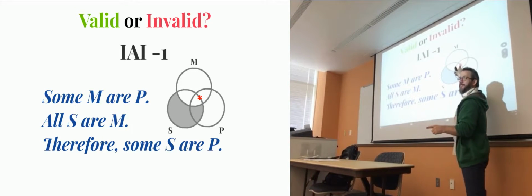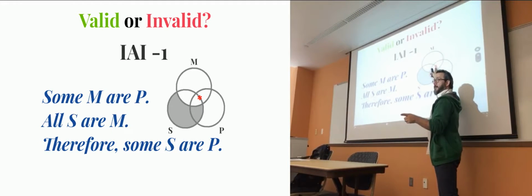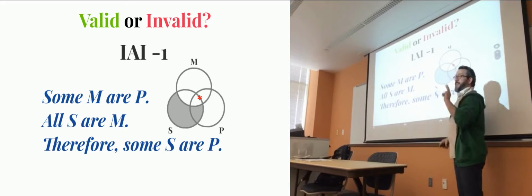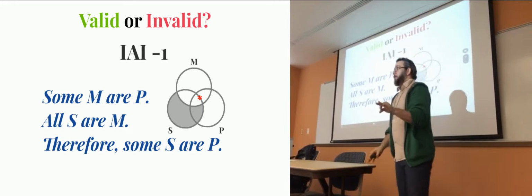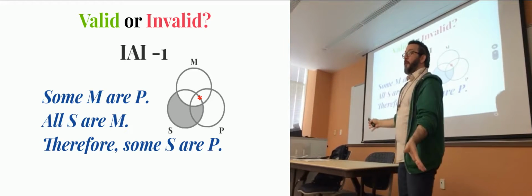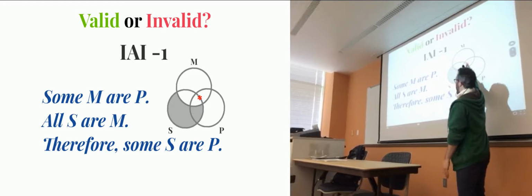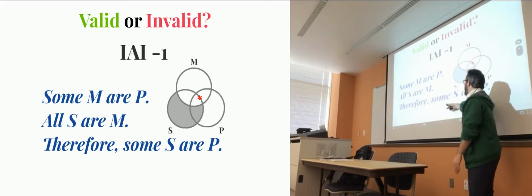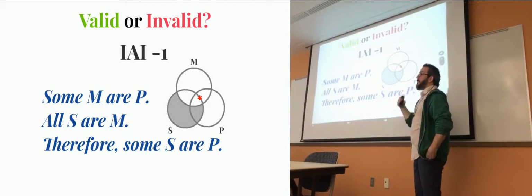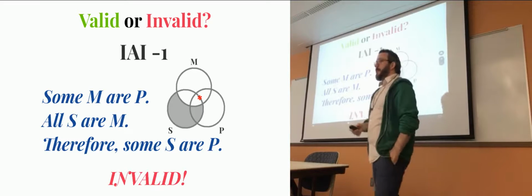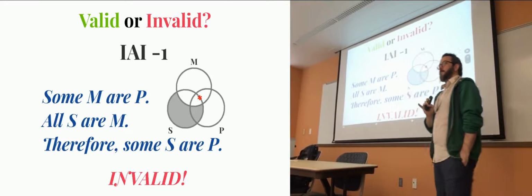I have that X. Is it a P? Yeah, this existing thing marked by this X, it's definitely a P. It is fully inside the P circle. Is it an S, though? I don't know. There's something that's a P, and maybe it's an S, and maybe it's not. But I don't know for sure that there is at least one thing that's an S and also a P. So this is invalid. This is an invalid syllogism.